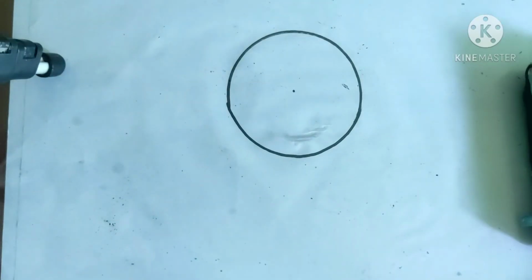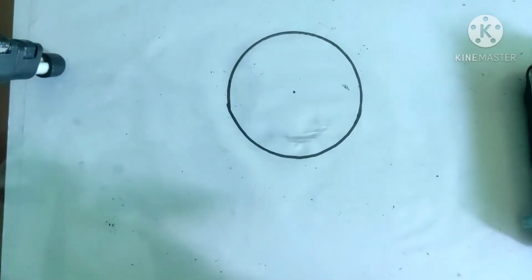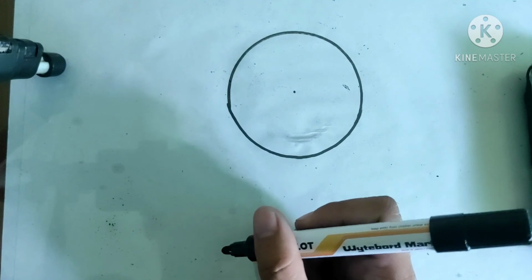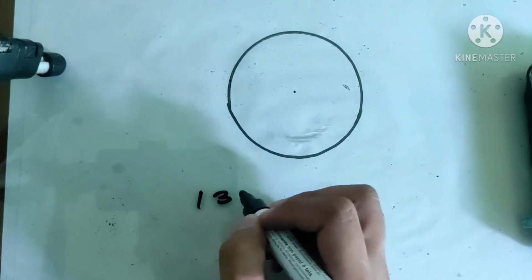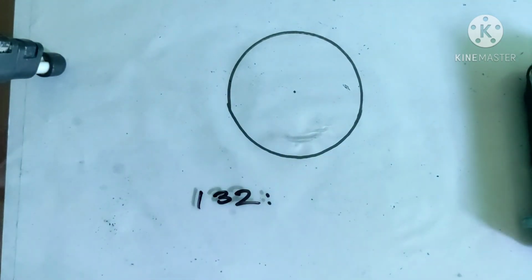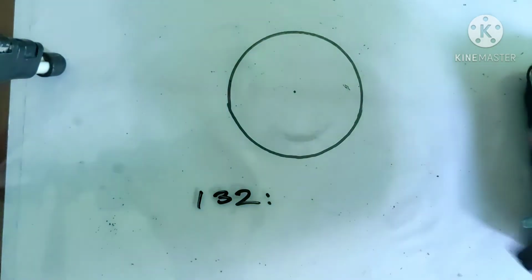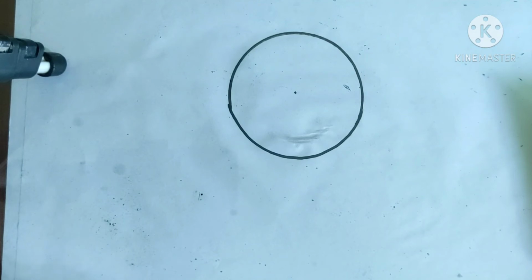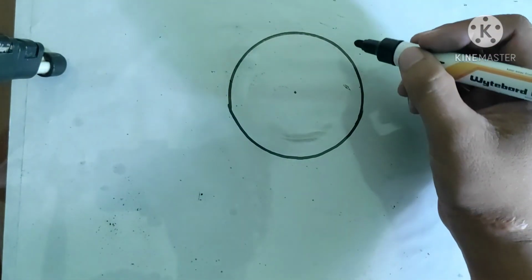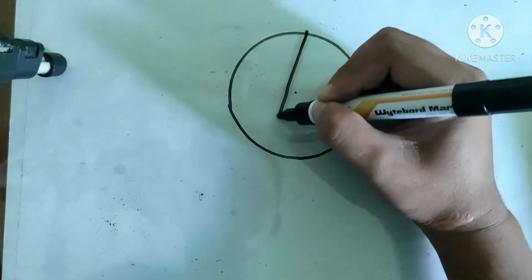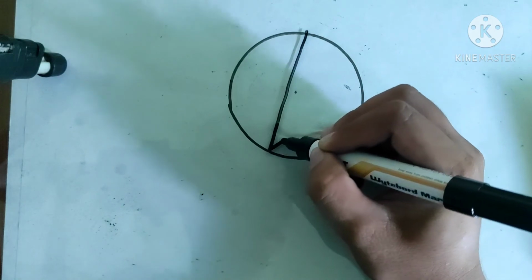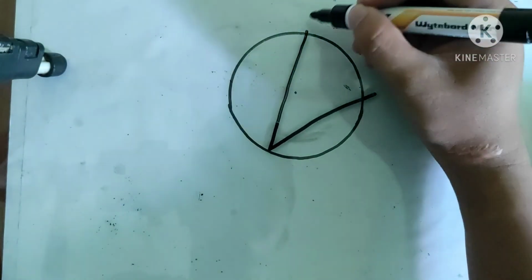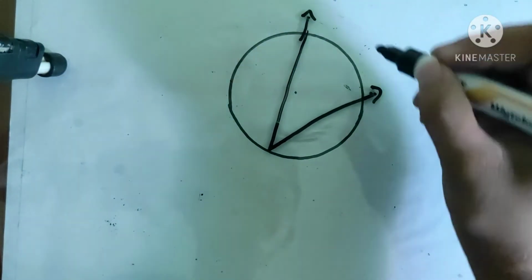Okay? Okay. So, in your book, sa validation book, on page 132, meron dyan na theorem. Okay? We have the inscribed angle theorem. So, i-discuss natin today kung ano ba ang inscribed angle theorem. So, for example, we have the inscribed angle BAC.